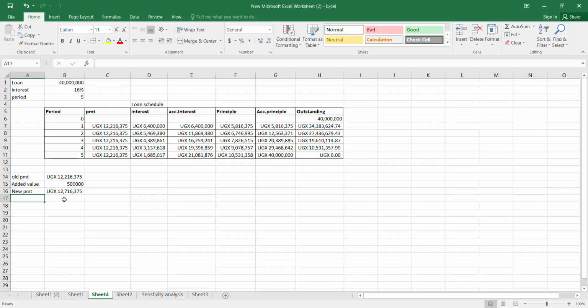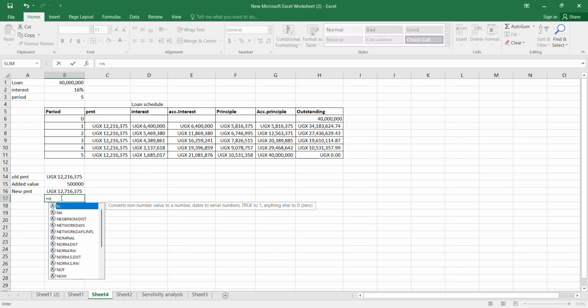Okay, so to find the new NPER, because what the question requires us to find is the new period, or by what period the loan will end. So they want the new NPER, the new payment period. We shall use the inbuilt formula of NPER.